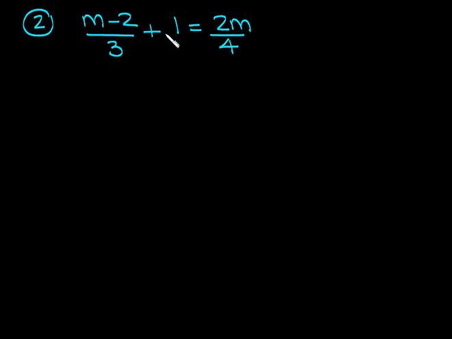Okay, and let's make this an 8, mix it up a little bit. Now, this is an equation, and it's linear because the power on the variable is 1. So you can clearly see it's a linear equation. The only thing different about this equation as opposed to the last one is we have fractions.